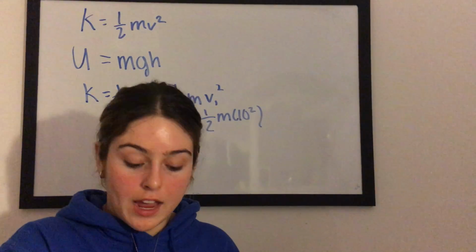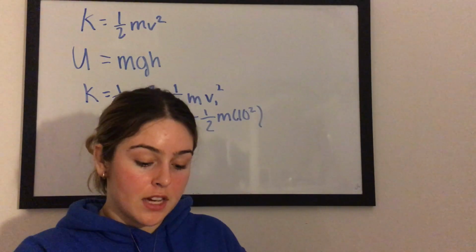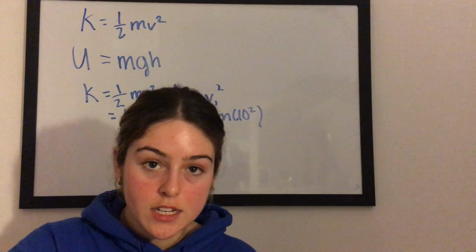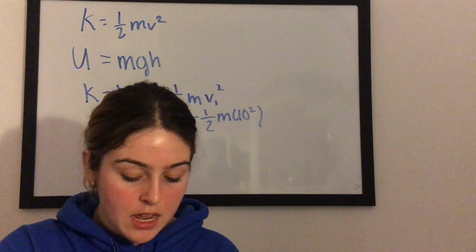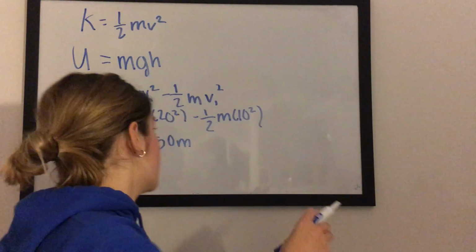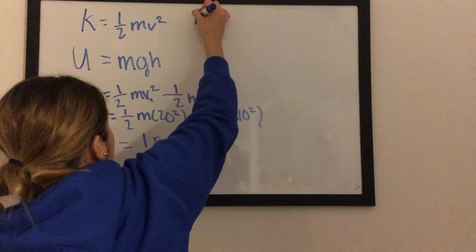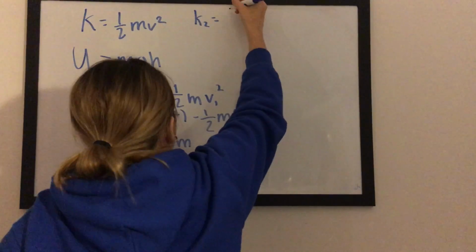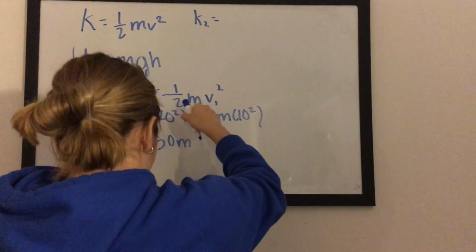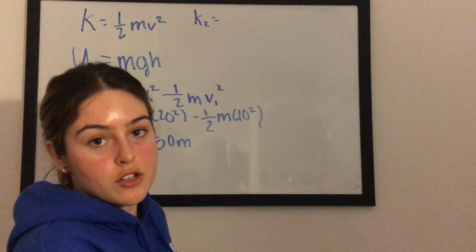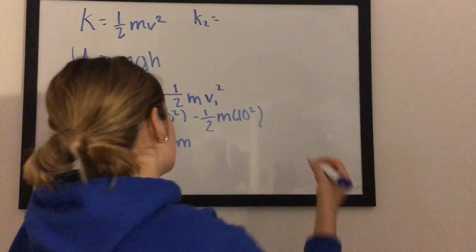On the other hand, if we increase the speed of an object from 20 to 30 meters per second, then the total kinetic energy, let's say K1 and K2, will be equal to, again using the same formula, I'm just going to directly plug in 30 and 20 this time.